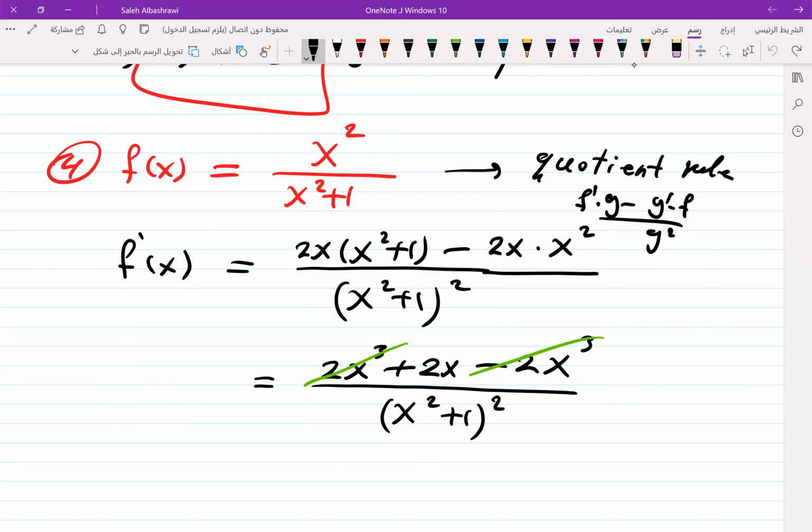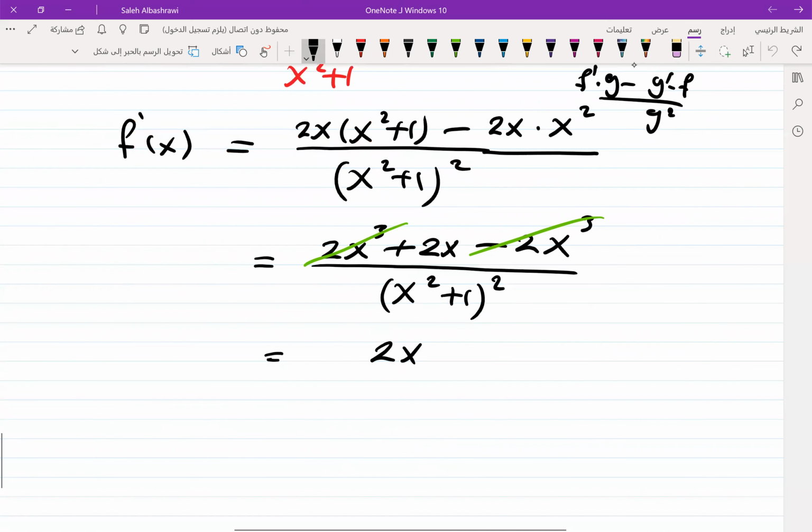The derivative now is equal to 2x divided by x squared plus 1 squared. And to make it equal to 0, the only value for x that makes this correct is x equal to 0.